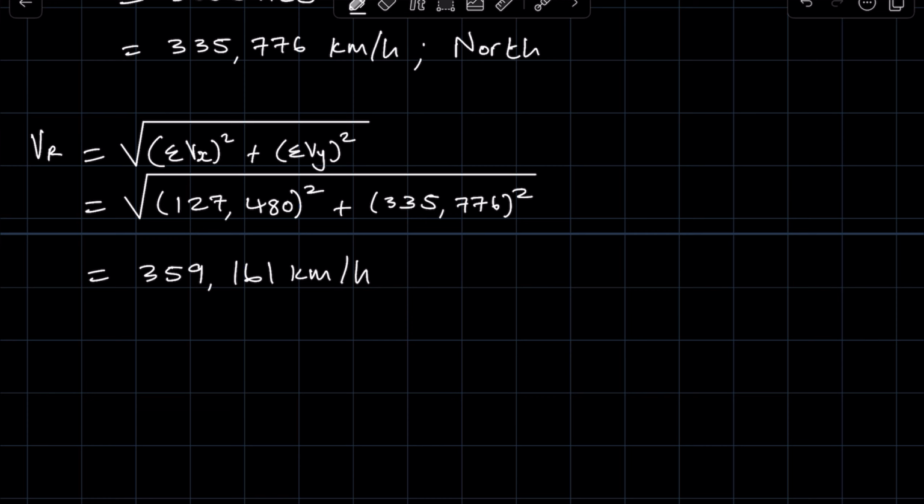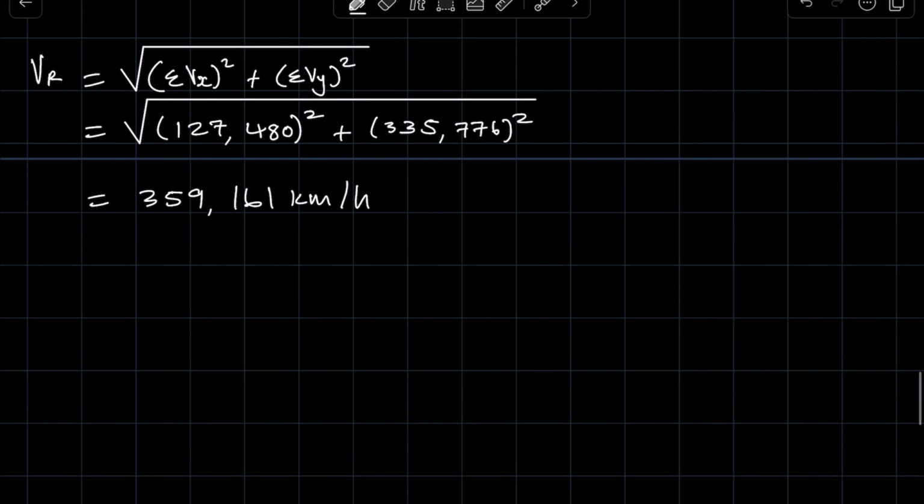Now we have to calculate the direction. The direction side of things is pretty straightforward. As I've mentioned, to make things easy for ourselves, we should always reference our angles from the x-axis. So we are going to do the same with the resultant velocity.